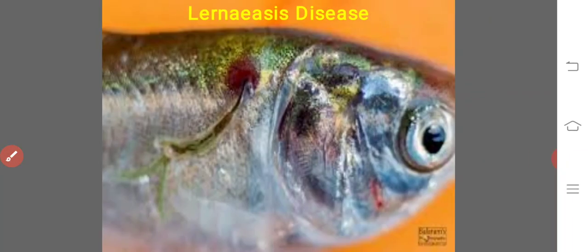Then come to the Lernaeasis disease. The disease is caused by Lernaea. The infection is noticed on the fins and near the eye of the fish. Early infected fish swim erratically, flashing against the sides and bottom of the ponds. Heavily infected fish swim upside down or hang vertically in the water.